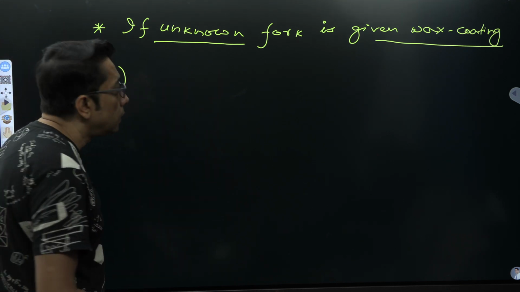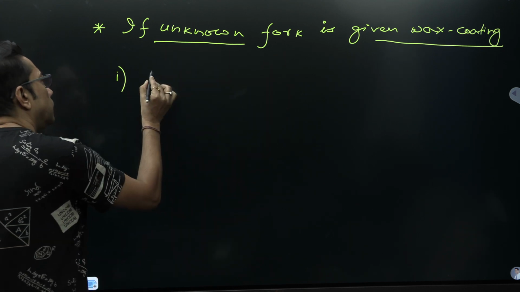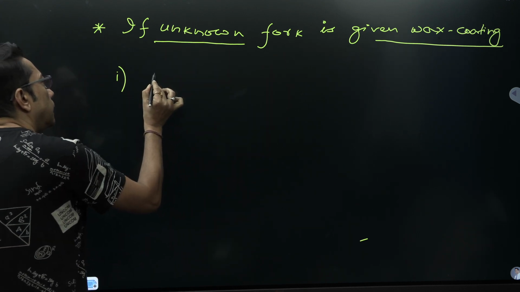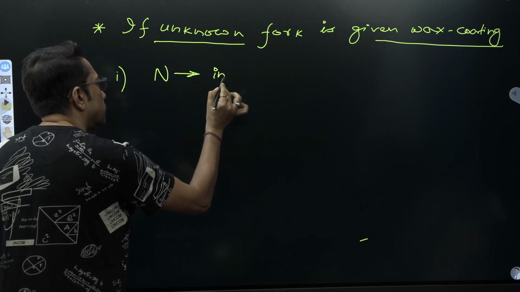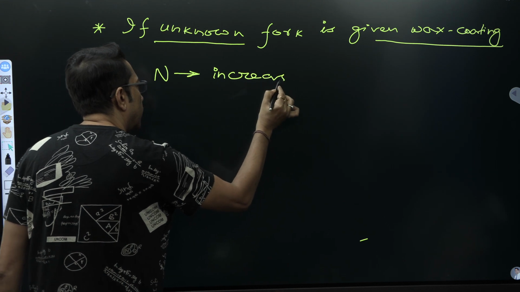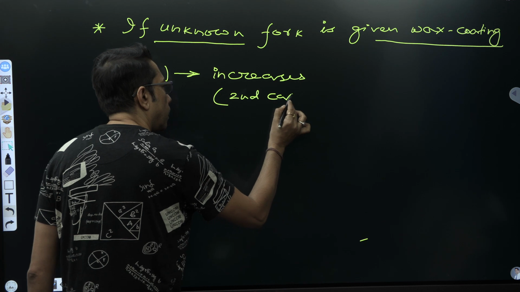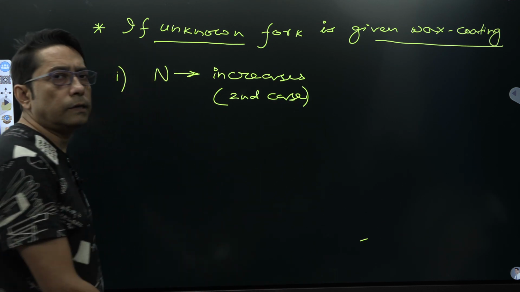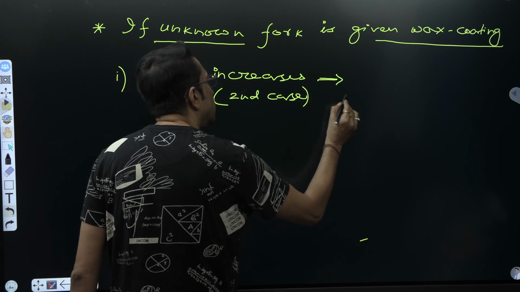How? Like this. If the unknown fork is given wax coating, then n increases, when? In the second case. In the second case, if n increases, that is the number of beats increases, what will the answer be?